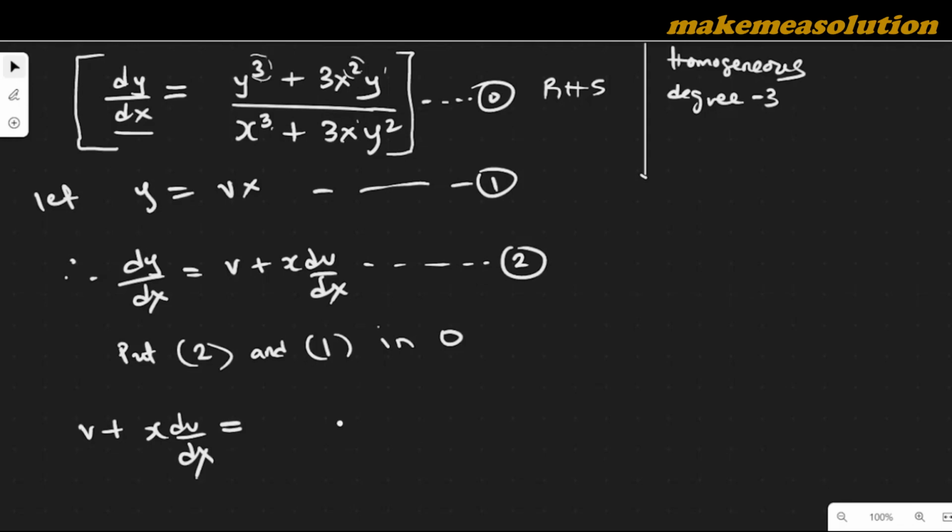Anywhere we see y, we simply replace it with v, and v will assume the power of whatever y has there. Anywhere you see x, just call it 1. So 3 times 1 squared, and anywhere you see y, replace it with v.